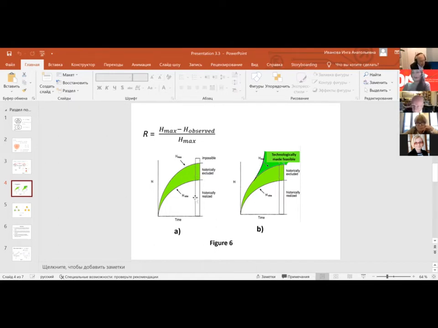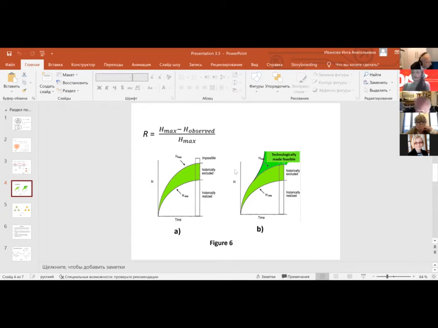In this picture, we can see that there is a maximum entropy and an observed entropy. As we know from the second law of thermodynamics, entropy is increasing over time. And the redundancy is the difference between maximum entropy and observed entropy.